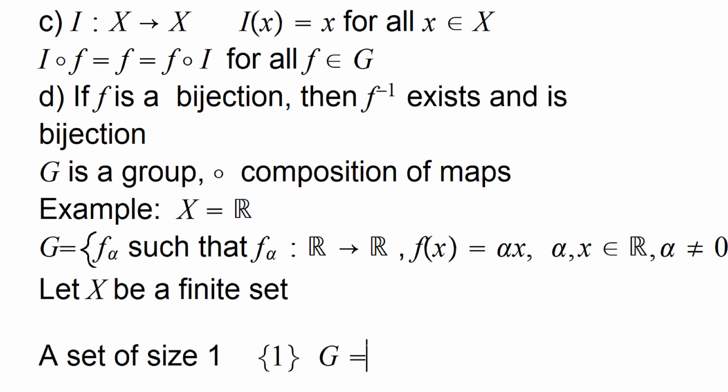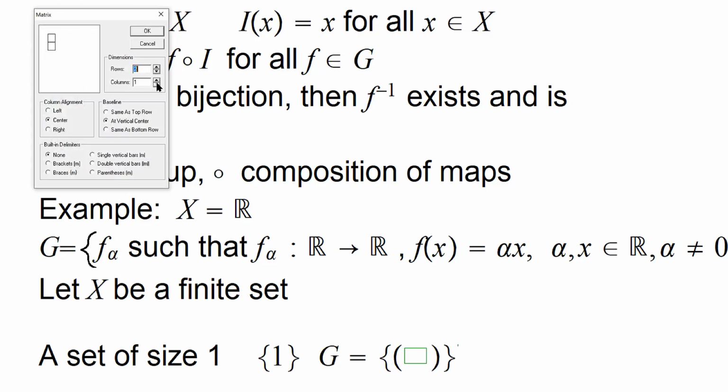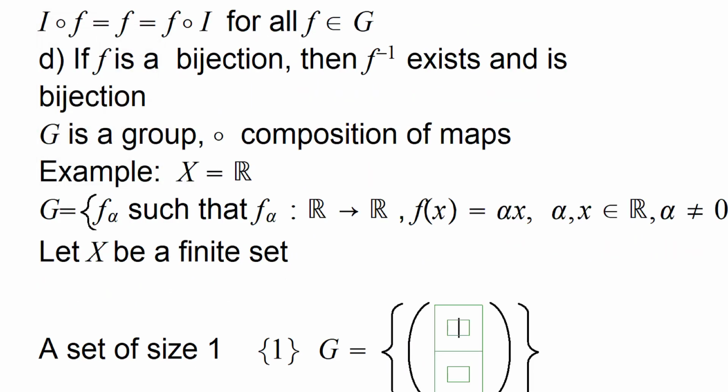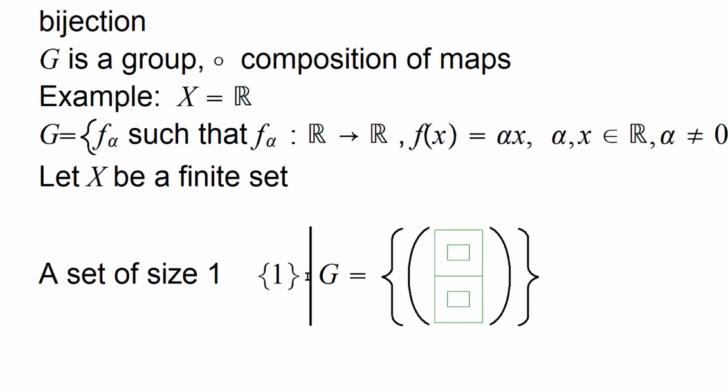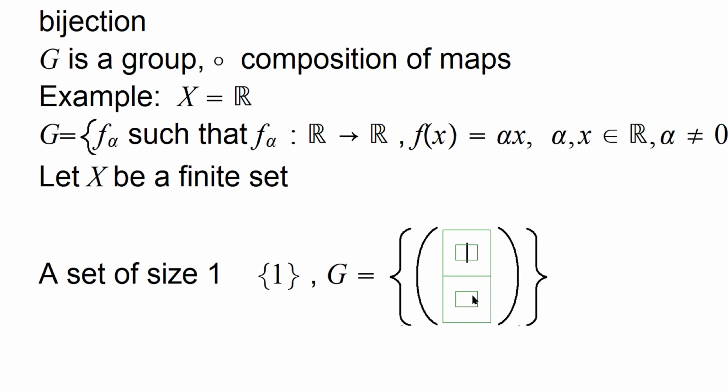G will have only one element. And let's just get one more notation. Here, we shall now express our maps by this type of a bracket.